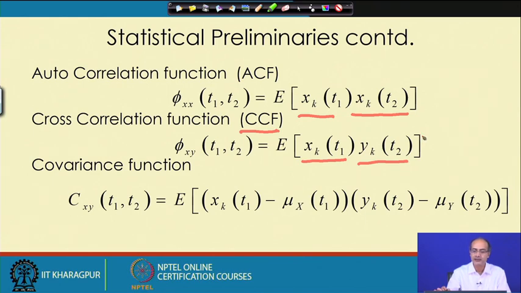It is the same as the autocorrelation function; the only difference is that instead of the same signal we are using a different signal. So the physical interpretation is that we are looking at the matching of signal x at instant t1 with signal y at instant t2.